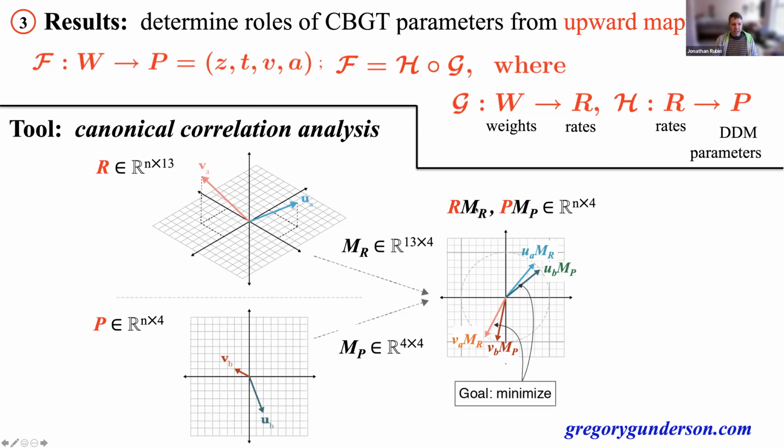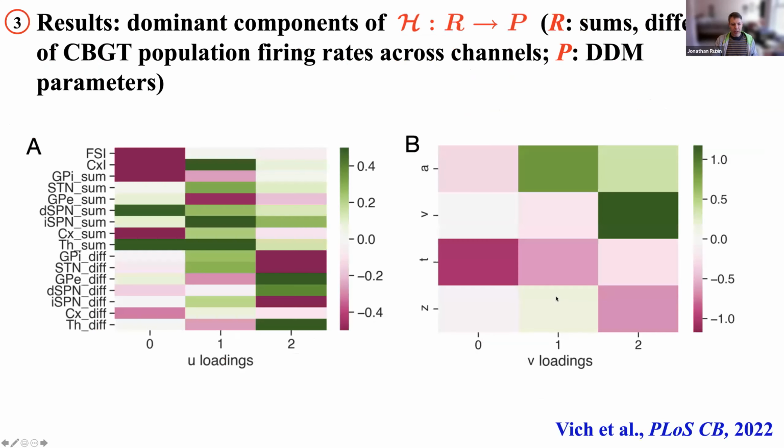We do this CCA, and we have to check how many pairs we get that have a strong enough correlation in the image. In this case we found 3 when we looked at the relationship between the rates and the parameters.